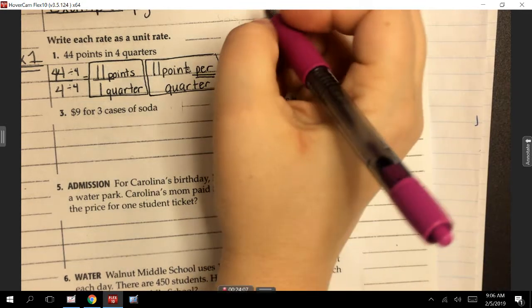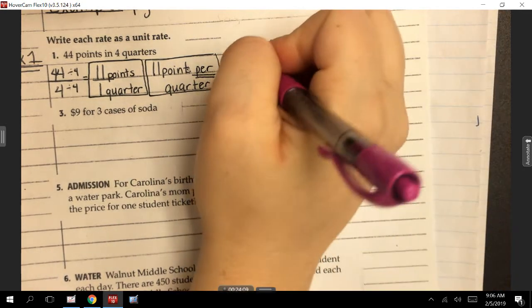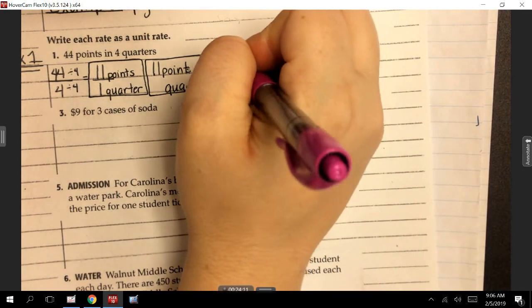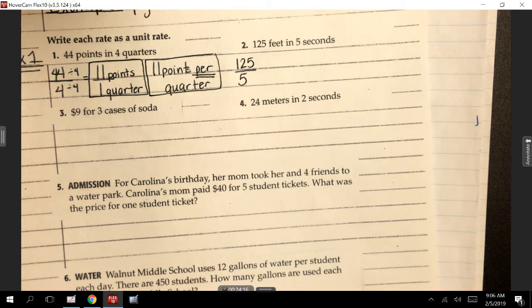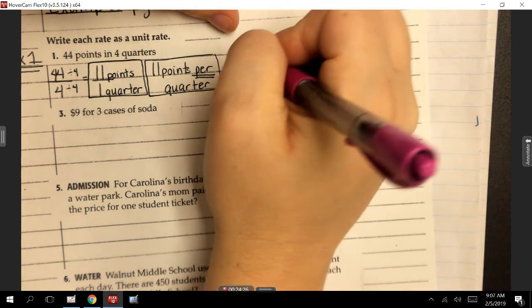Chandler. 125 over 5. All right, now what do I need to do? So we got it set up. Now what do I need to do? What do you think, Diesel? Divide by 5.